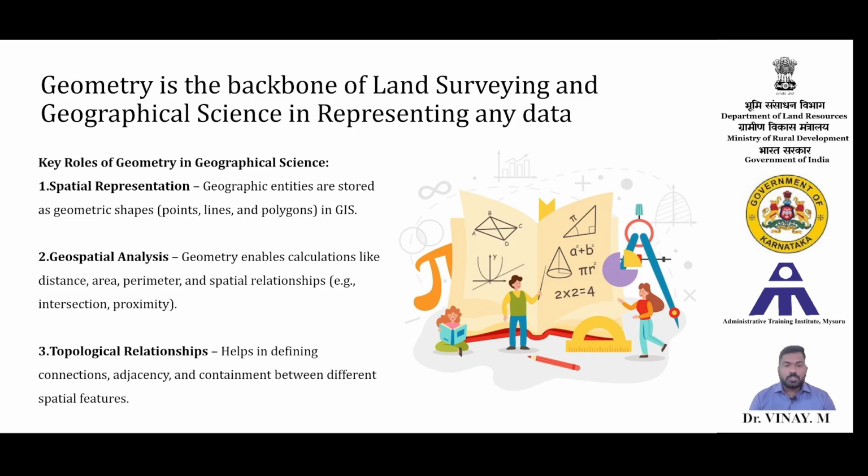Coming to the next, the geospatial analysis. The geometry enables calculations like distance, the distance measurement from one particular point to another particular point with the help of the coordinates x comma y of point 1 and x comma y of point 2, so that the distance between two different points can be studied with the help of geometrical concepts.